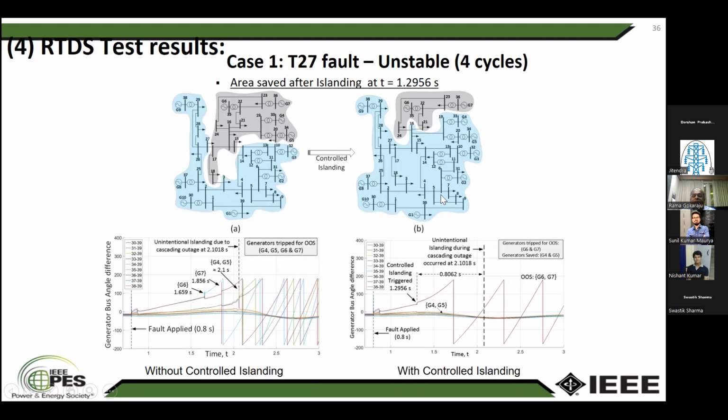Now with the controlled islanding, the initial fault is at 0.8. The controlled islanding is triggered at 1.2956 seconds.